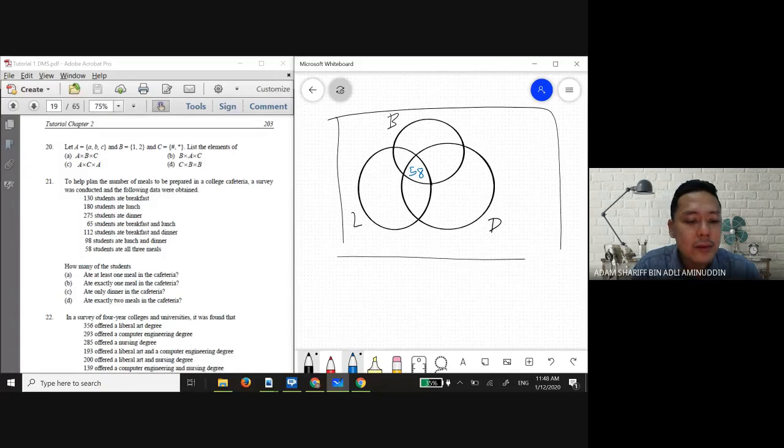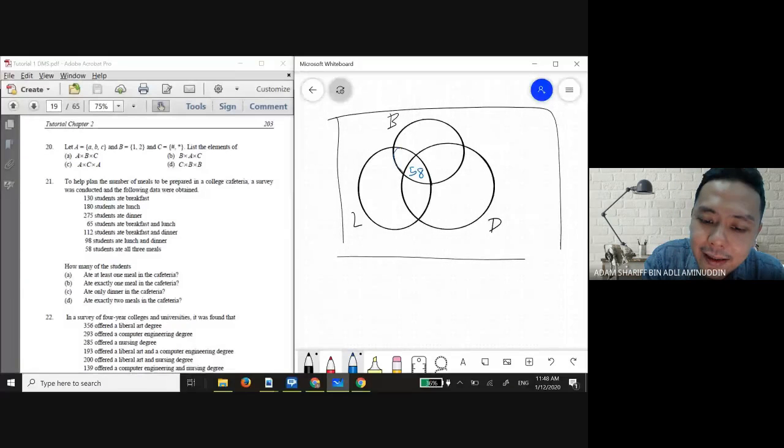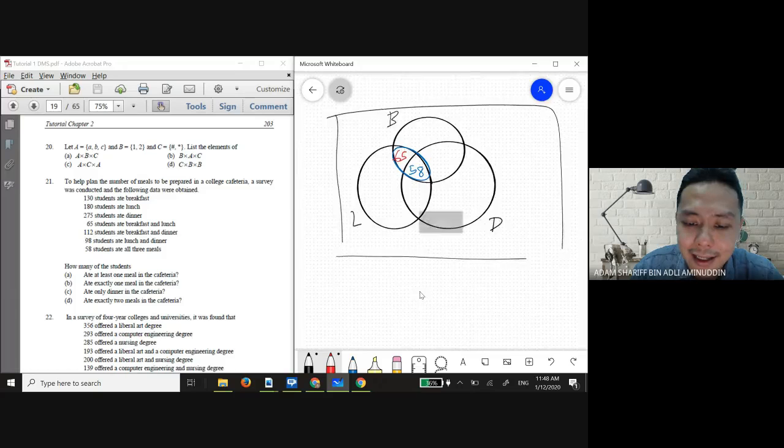Then the students who ate breakfast and lunch is 65. So, region breakfast and lunch ialah ini. So, bahaya kalau kamu letak 65 kat sini. Betul?